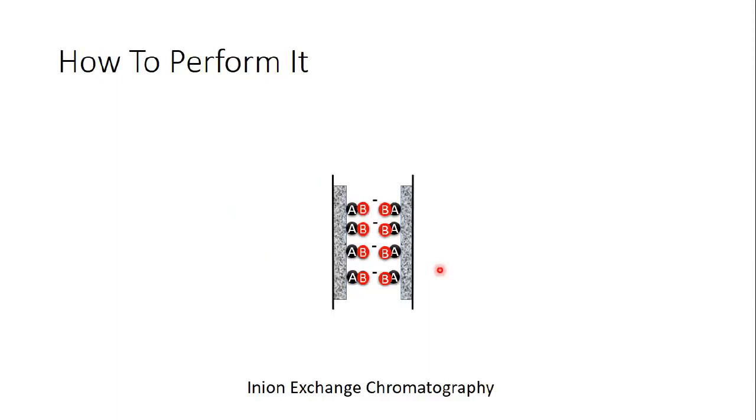Now let's see how to apply ion exchange chromatography. Let's say we choose anion exchange chromatography, and I will tell you why I chose it. Let's say I have a sample. In this sample, I have proteins, and the protein of my interest has a pI of 2. In this case, I should choose the right pH in order to be able to separate my protein from the other proteins.